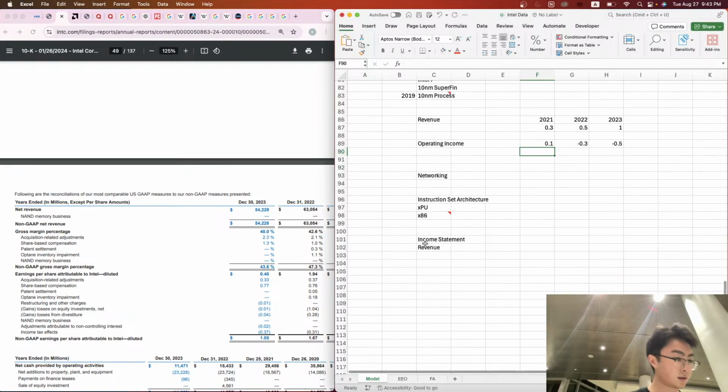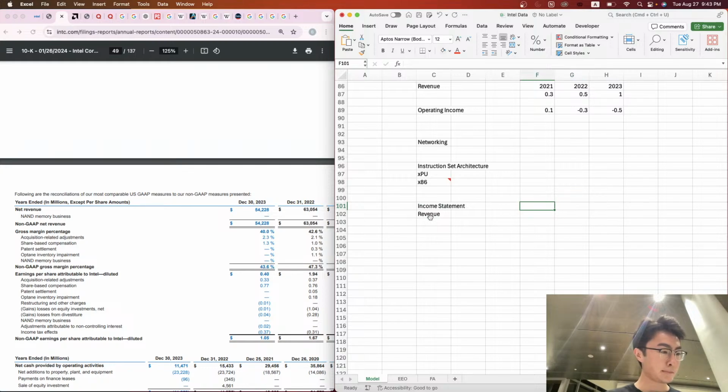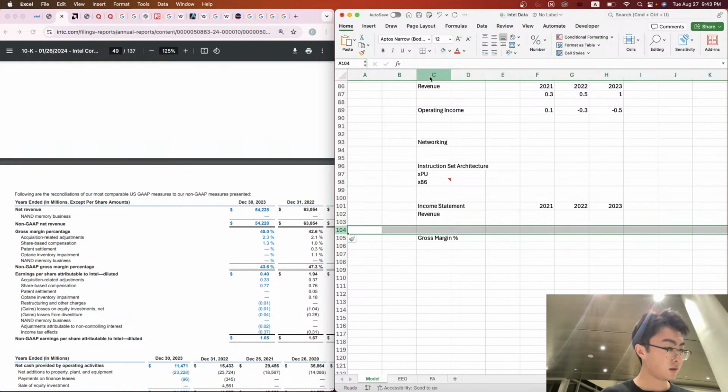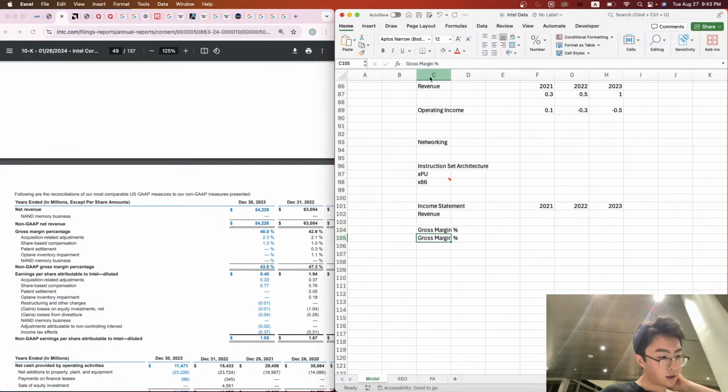Okay, let's see 2021, 2022, 2023. Okay, revenue. Let's just look at gross margin and percent, right? And then net income.